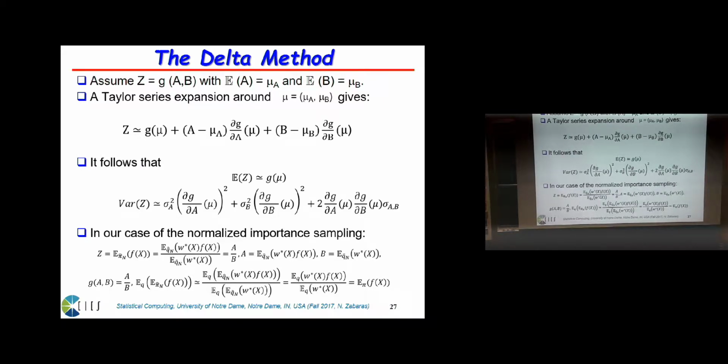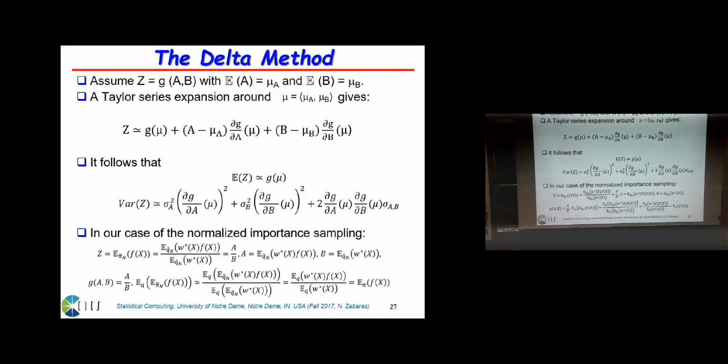Our estimator, our function z, was the ratio of two Monte Carlo estimators, one that involves the expectation of W star F and another one the expectation of W star. So I call the numerator A, the denominator B, and we know that each of these terms is unbiased, right? So we know the mean is the exact mean. We know the variance is what?